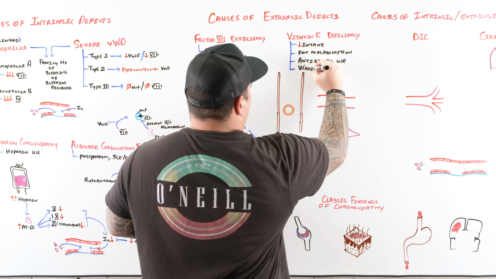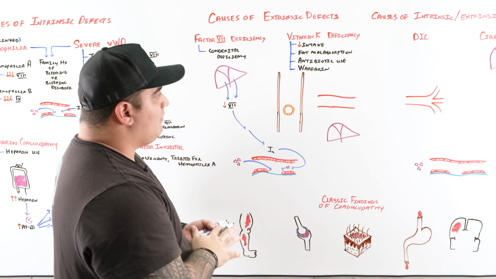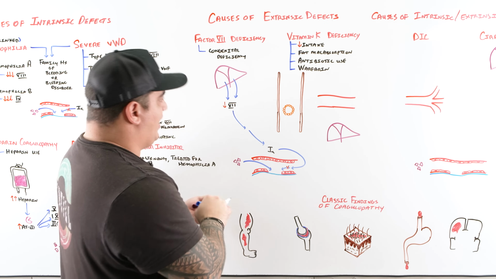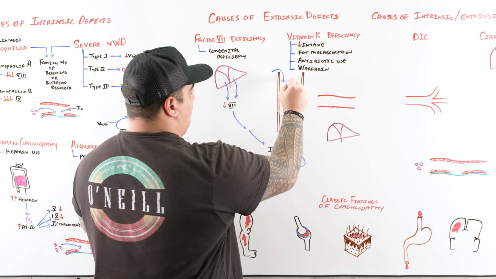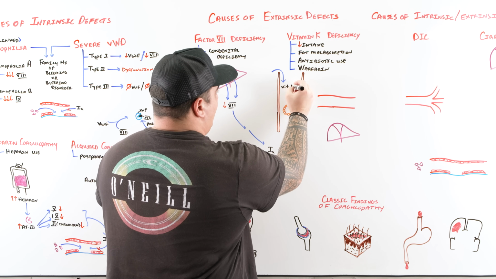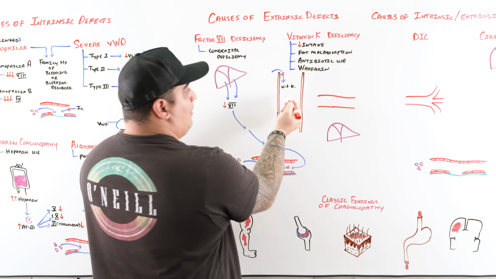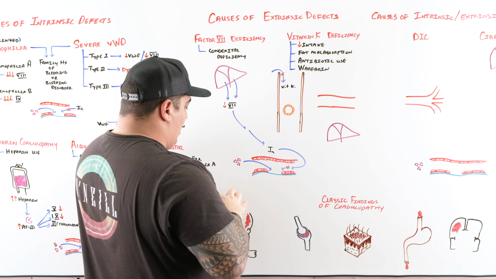So warfarin can definitely cause a vitamin K deficiency. Now, let's think about this. Again, patient's supposed to get vitamin K via the diet. So here's our vitamin K. If there's a deficiency in that part, the intake aspect of it, that will lead to a diminished vitamin K.